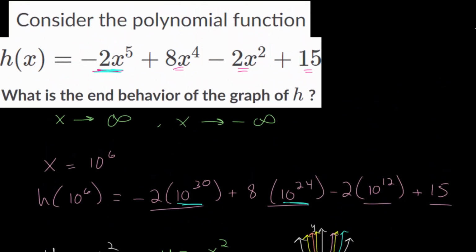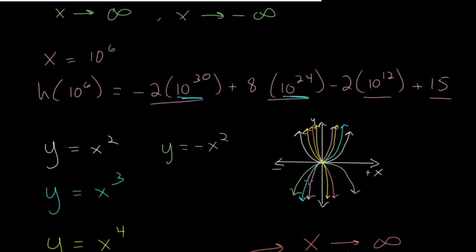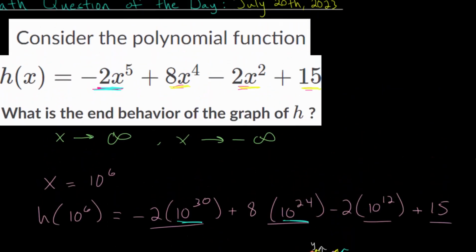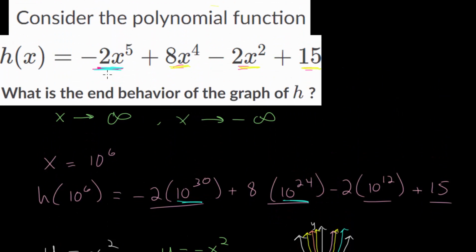Now, I should mention that these lower power terms do have an effect for smaller x values and will basically cause the function to wiggle or move around. So it probably won't be at the origin, it will be shifted around somewhere, and then it will move up and down. So we could check this on a graphing calculator. In fact, that's probably the best option to check your work.